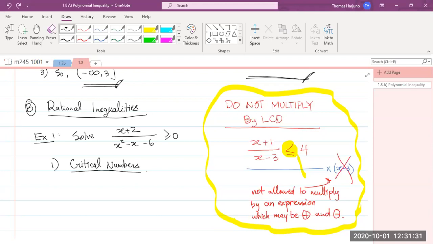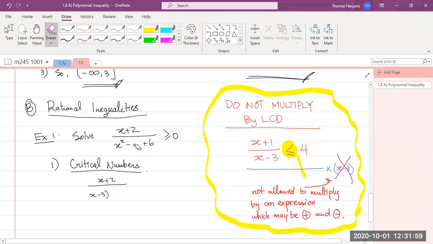Okay, let me continue. Here I get my critical numbers. Let me factor it at the same time. Let me make it plus 6, x squared minus 5x plus 6.